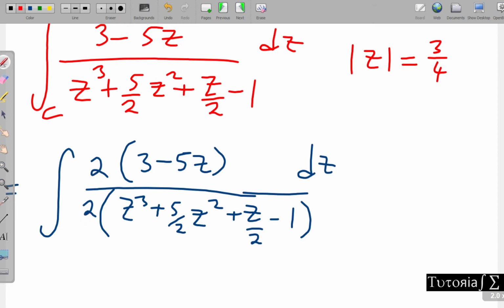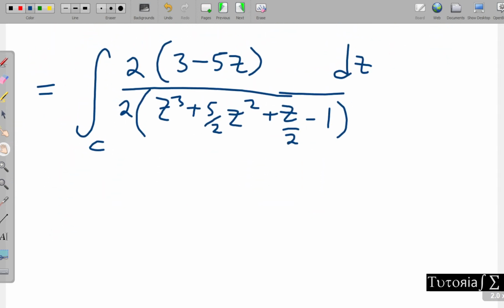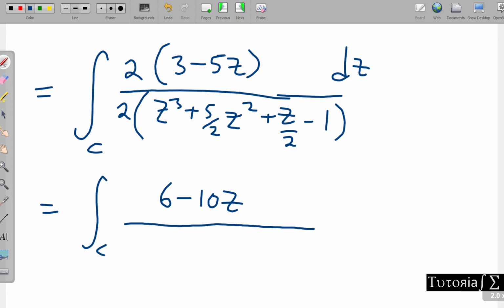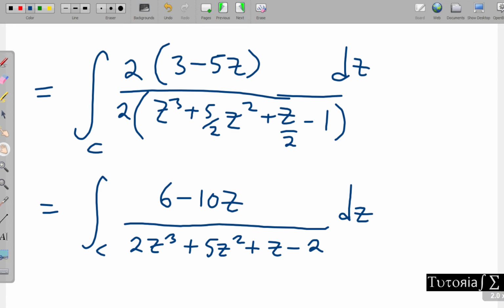So now we are going to have the integral along C of 6 minus 10z over 2z cubed plus 5z squared plus z minus 2 dz.